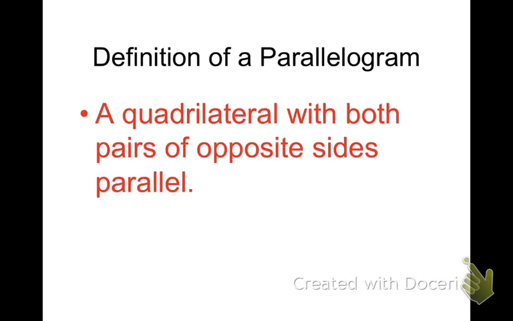So a quadrilateral with both pairs of opposite sides parallel. Hence why we call it a parallelogram, right? So if I have both sets of opposite sides parallel, then I have enough information to say, hey, that shape's got to be a parallelogram.